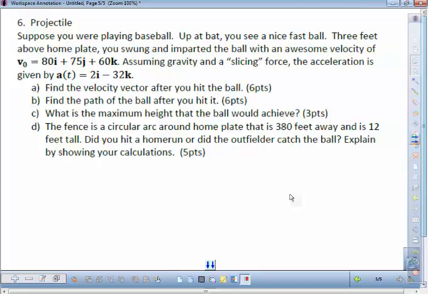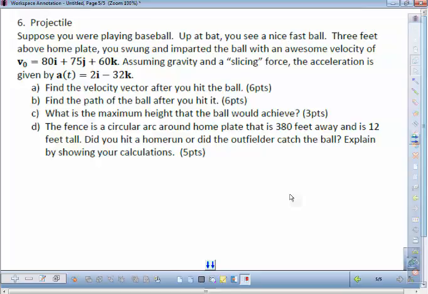Assuming gravity and some slicing force, the acceleration is given by 2 in the I when the ball spins, it curves left, right. So let's say it curves in the I direction, and the gravity is 32 feet per second in the J direction. In the K direction, we're in 3 dimensions.